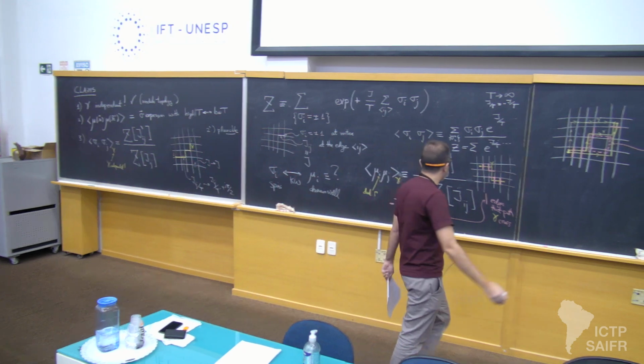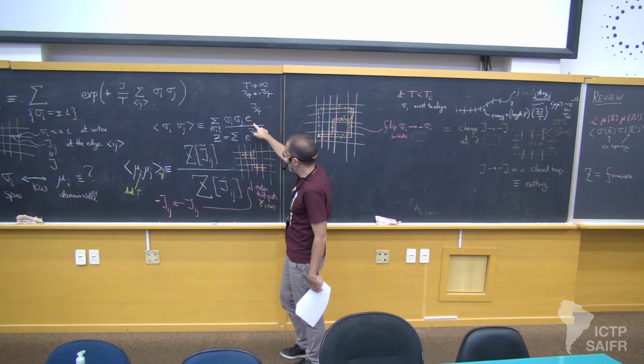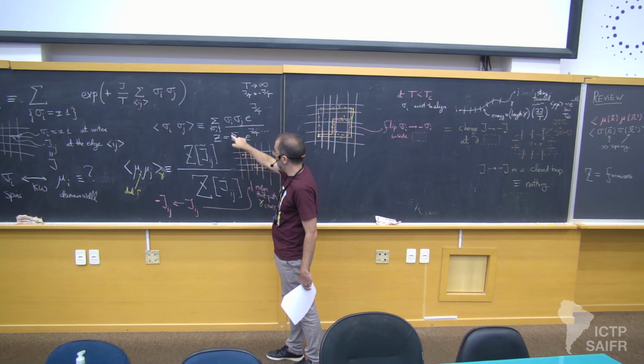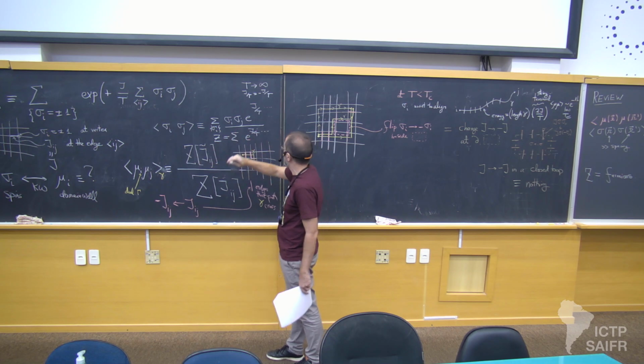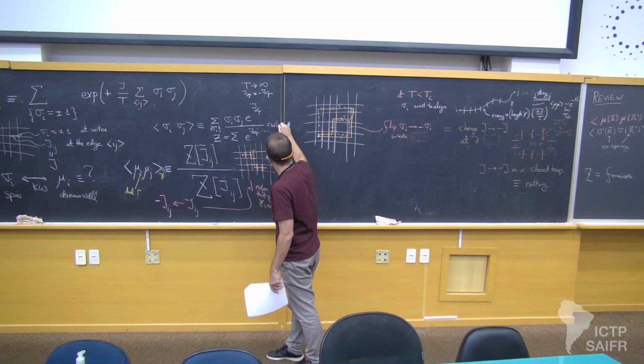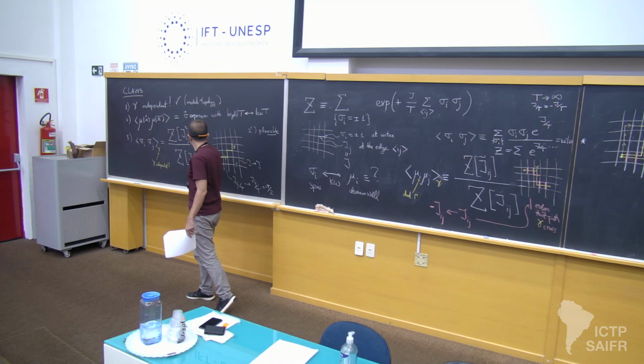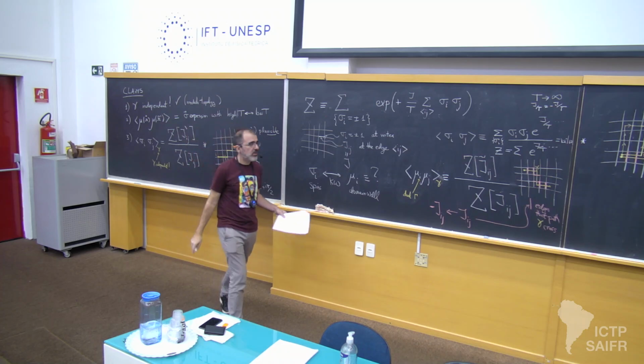Okay, so we want to write sigma. Sigma is written here, and I would like to write this in a definition like this. Namely, I would like to write this as that ratio, this ratio, a star. Okay, so let's try.